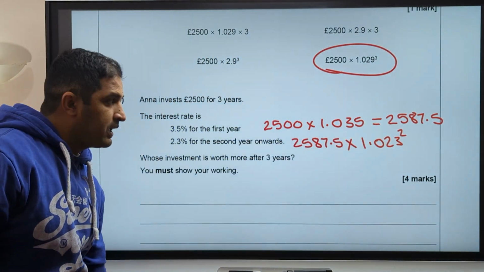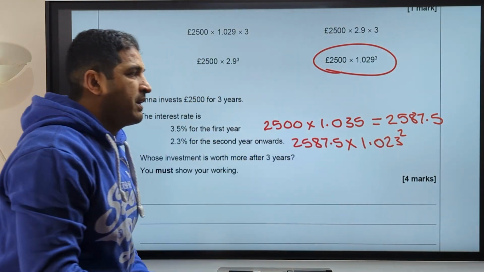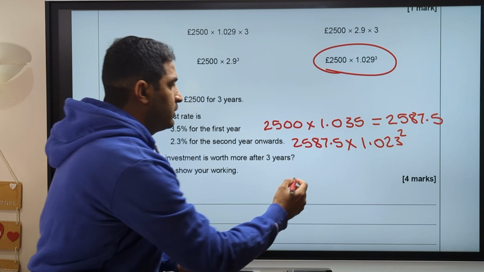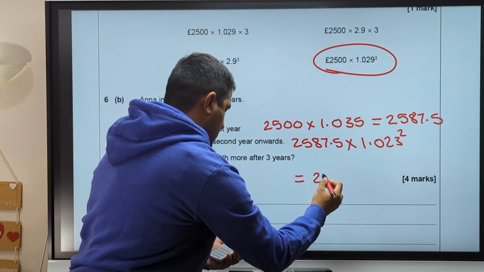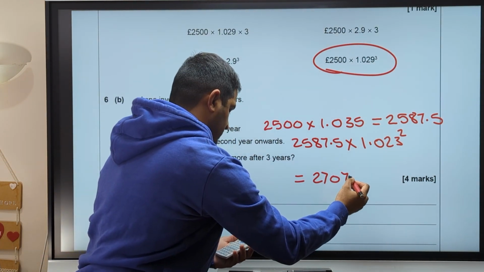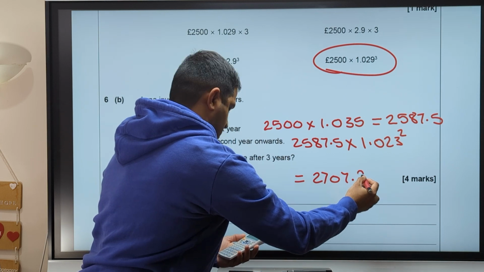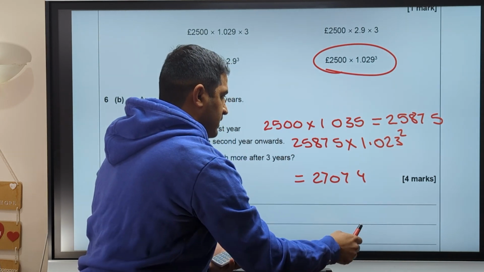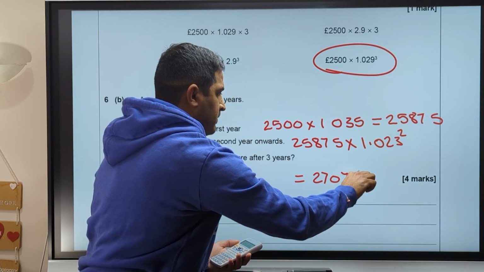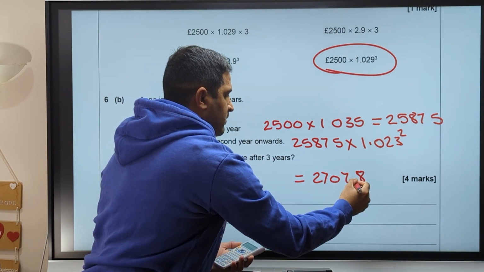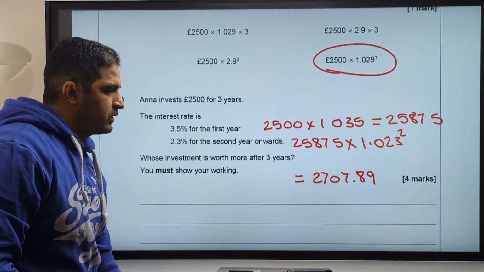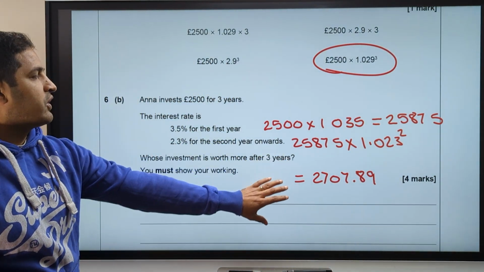So whatever the answer we had earlier, we're going to multiply it by 1.023 squared. So Anna would end up with 2,707.989. Let's just put that as an 89. So at 2 decimal places, that's what she would get at the end of the third year.